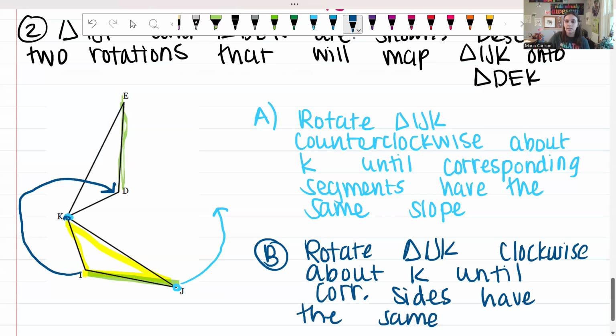So you can always rotate it, you know, clockwise or counterclockwise. Oh, I just motioned the wrong way, but that's okay. Please let me know what questions you have about rotations, and I look forward to seeing you in class.